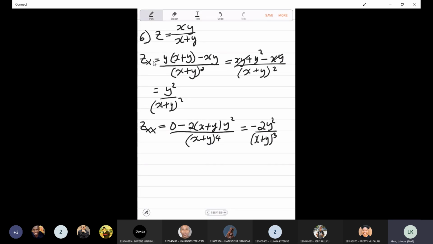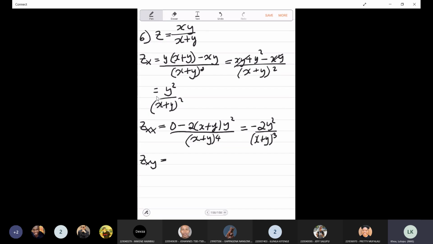Then I need the mixed partial derivative, zxy. I already differentiated with respect to x, so now I differentiate it with respect to y.